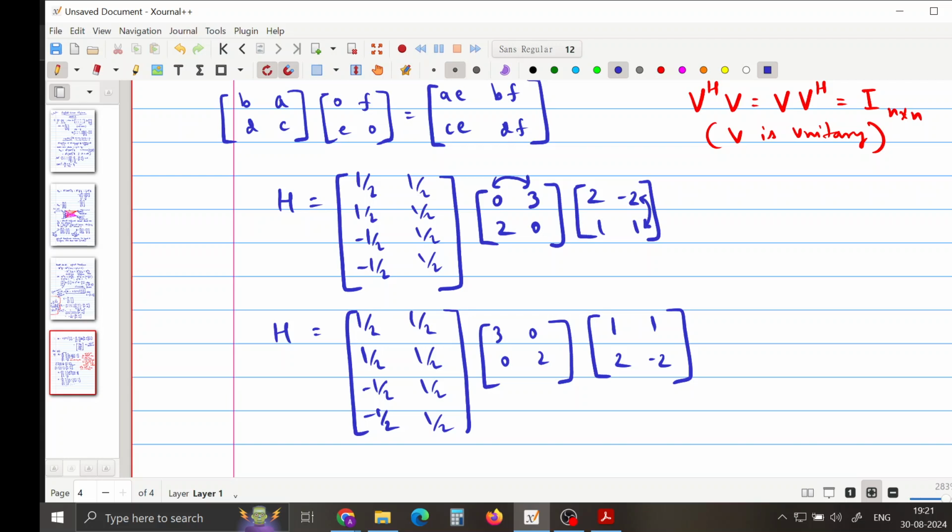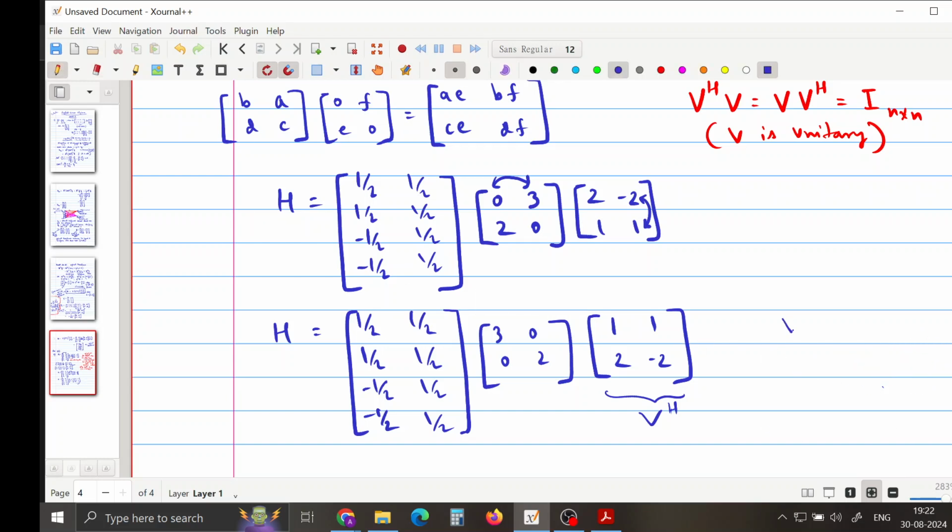But for this part here, this is not the V Hermitian that you want in the SVD, because you can verify that V Hermitian V is not identity.